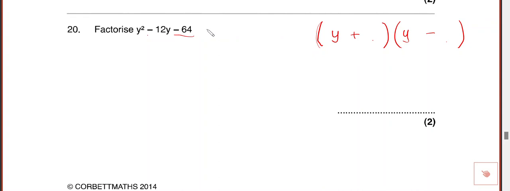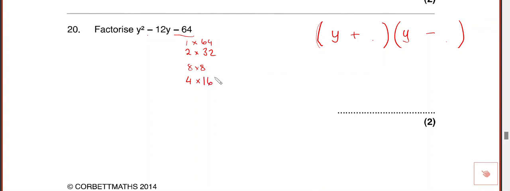Negative is no. So we need to factorize 64. What multiplies to make 64? 8 times 8. So 1 times 64, 2 times 32, 4 times 16. Because if we do 8 times 8, if you divide the 8 by 2, you get 4, and if you multiply the 8 by 2, you get 16.